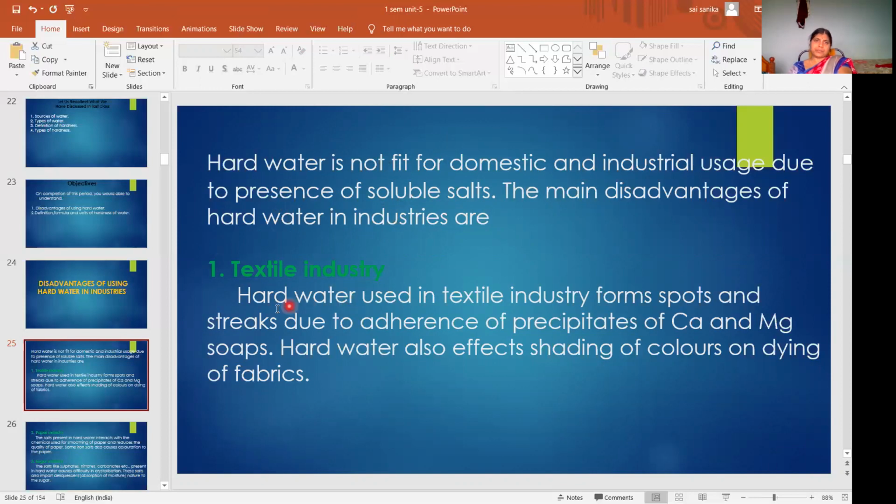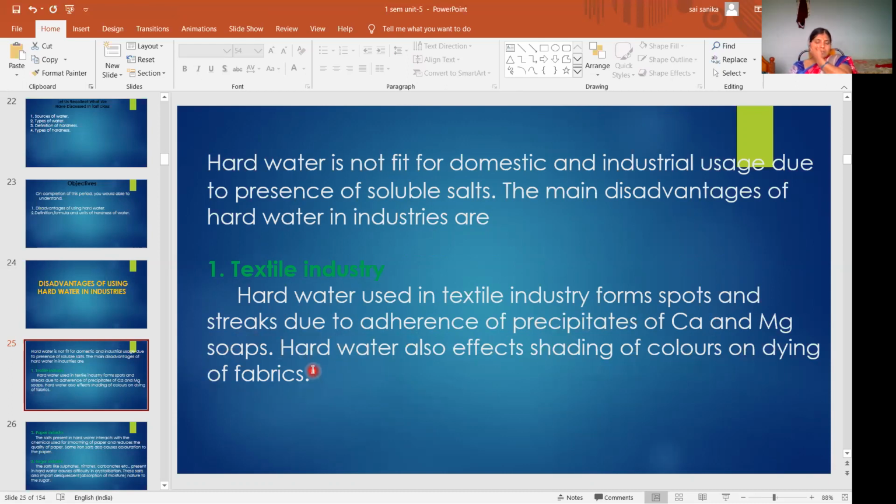Hard water used in textile industry forms spots and streaks due to adherence of precipitates of calcium and magnesium soaps. Hard water also affects shading of colors and dyeing of fabrics.